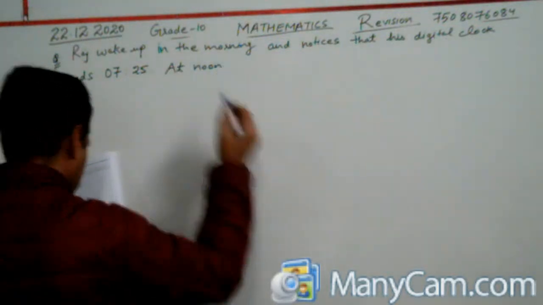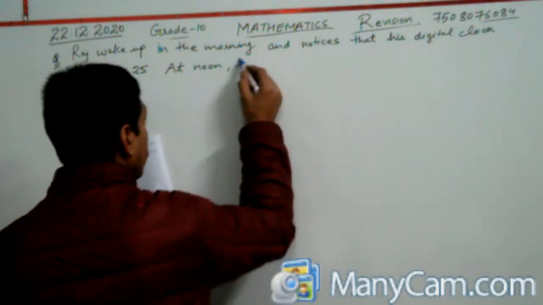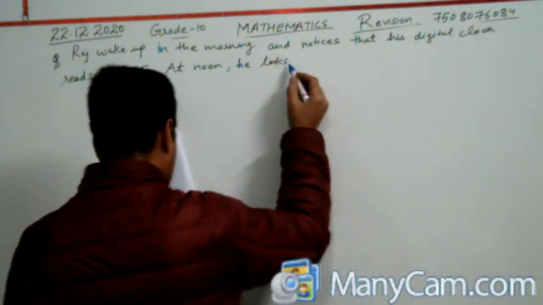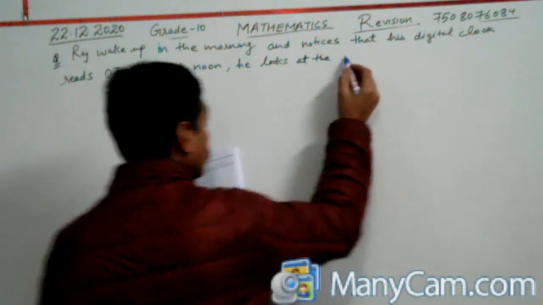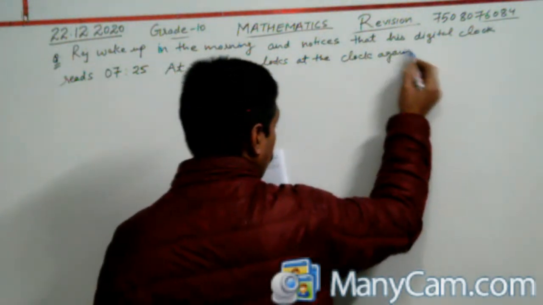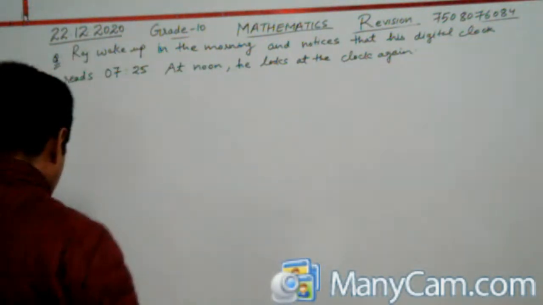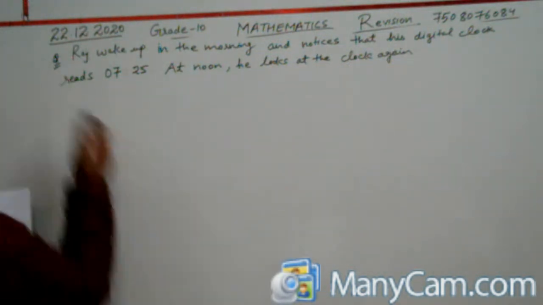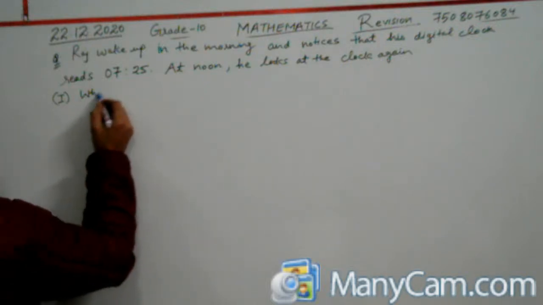At noon, he looks at the clock again. On the basis of this information, what is the probability?